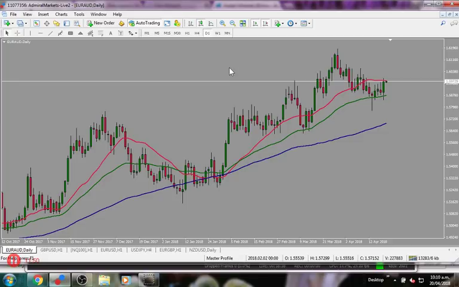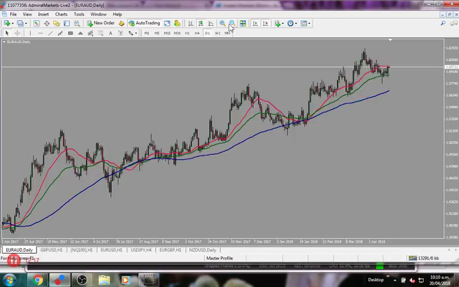So look at a bigger time frame and try and figure out whether a market is trending or ranging. And that's quite important, because when a market is ranging, the moving averages become very messy, because the price keeps on moving up and down through the moving averages, and they become less significant. So it's important that you find something that is trending.